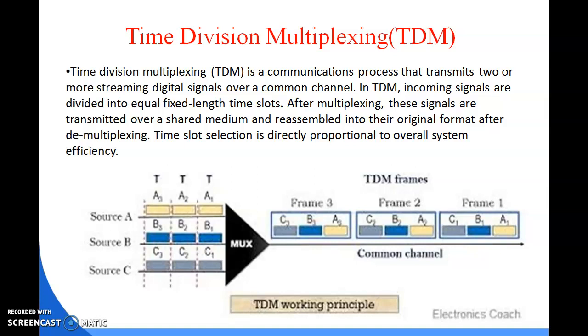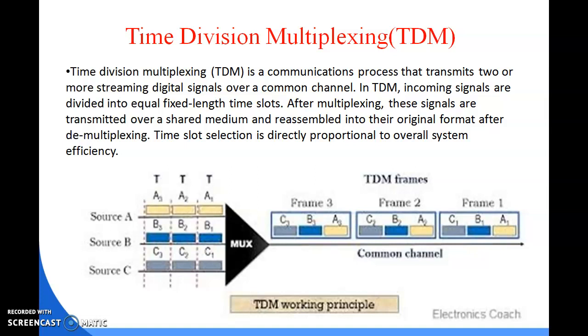So in the last class we discussed time division multiplexing. In time division multiplexing, time is the main component, right? That means each frame, or each slot, will be transmitted according to the time.